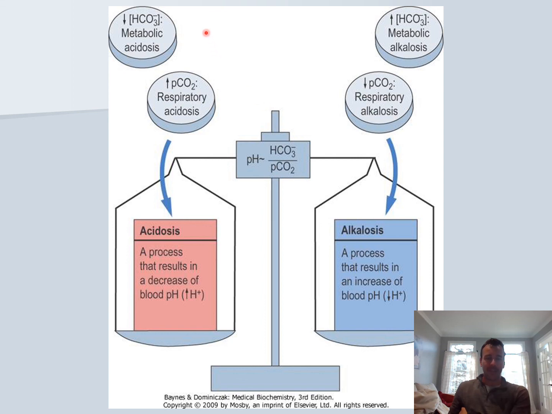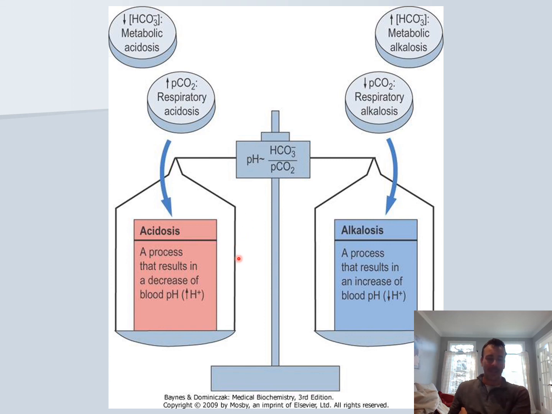So if we have metabolic acidosis, that's because the bicarbonate concentration is low, so the numerator is low here, leading to a lower pH. Conversely, if you have respiratory acidosis, it's because your CO2 concentration is high in the lungs, the high number on the denominator here, again lowering pH.